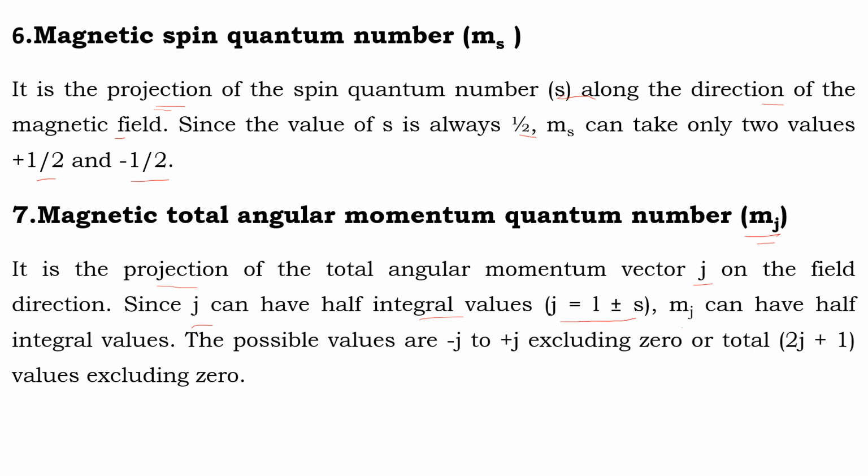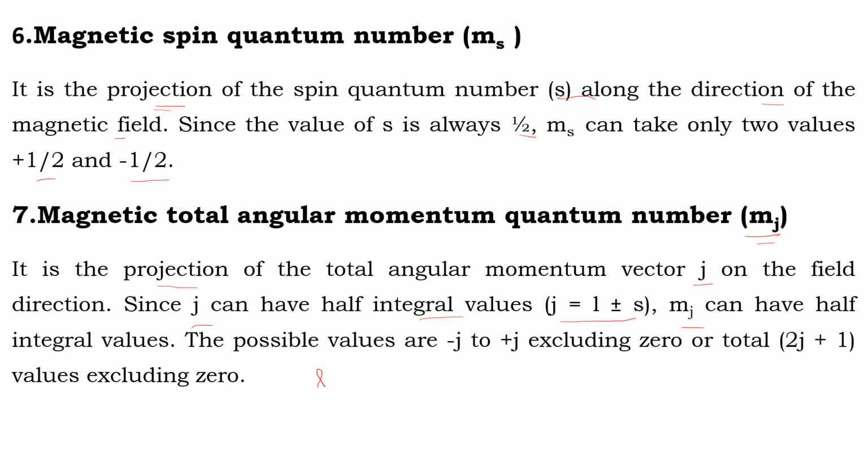Therefore, the mj can have only half integral values. The possible values of mj are minus j to plus j excluding 0, or a total of 2j plus 1 values excluding 0.